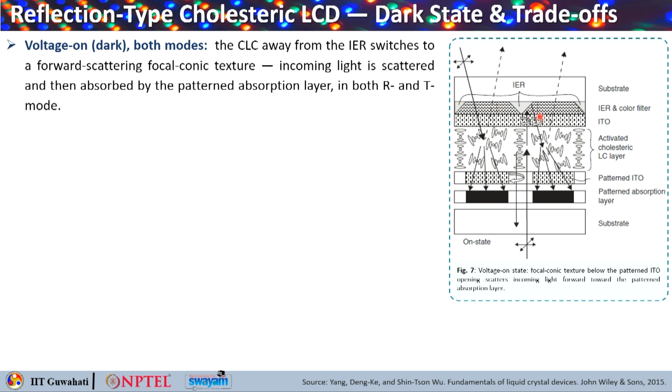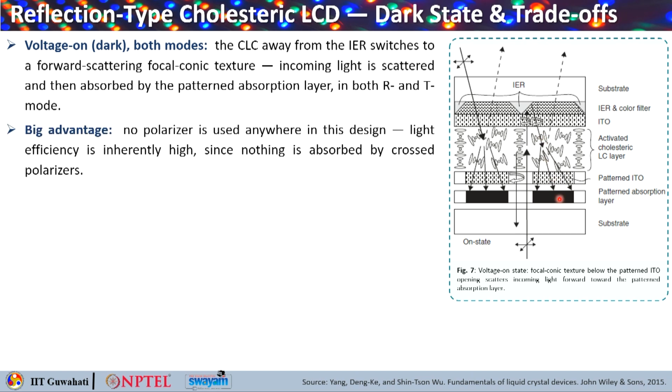These are the IER regions, this one and this one, particularly. But the light that would otherwise exit towards the viewer is instead forward scattered by this focal conic CLC on its way out, and it is also getting absorbed by these layers. So in both cases you are getting this scattered light which is getting absorbed.